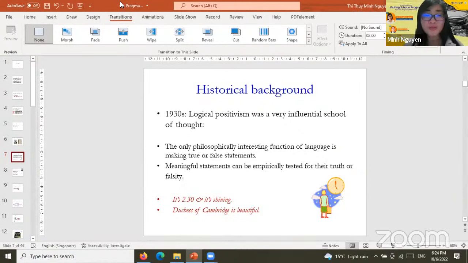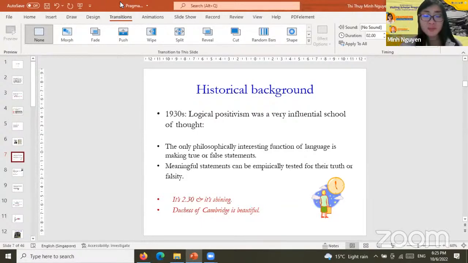Those people, the logical positivists, assumed that the only philosophically interesting function of language is making true or false statements. So that's the only meaningful function of language. We use language to verify whether what people say is true or false. That's the point of logical positivism.